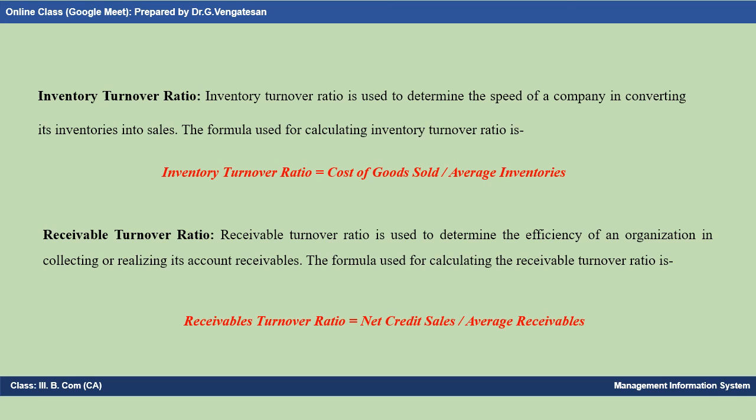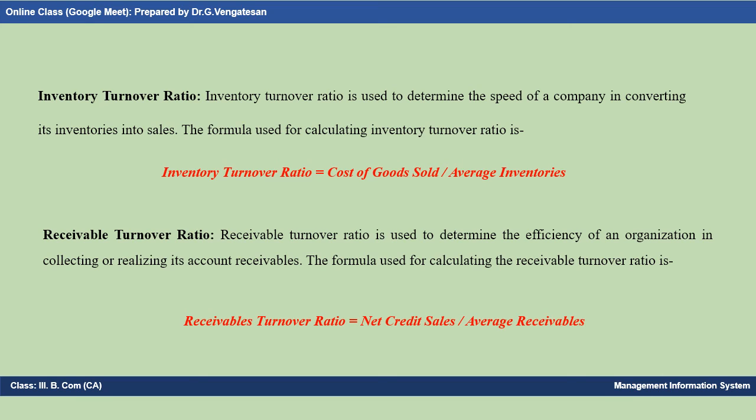The cost of goods sold is identified by sales minus gross profit, and the cost of goods sold is identified by opening stock plus purchases minus return plus all direct expenses like wages minus closing stock. Average inventory formula, opening stock plus closing stock divided by 2. This is how we will identify the inventory turnover ratio.